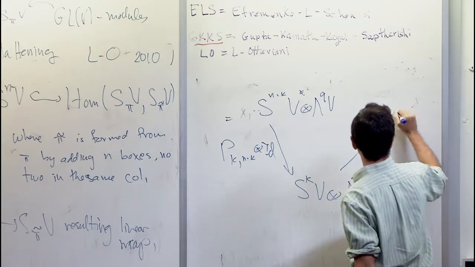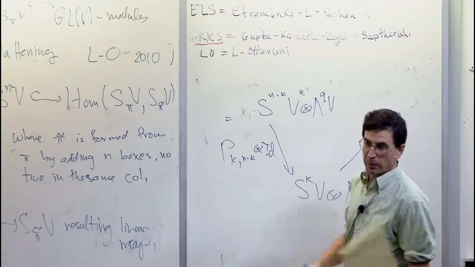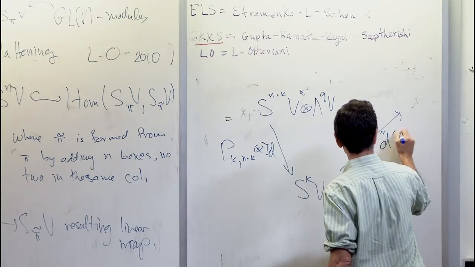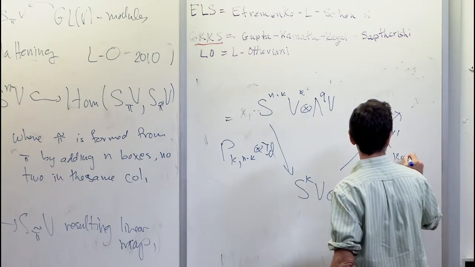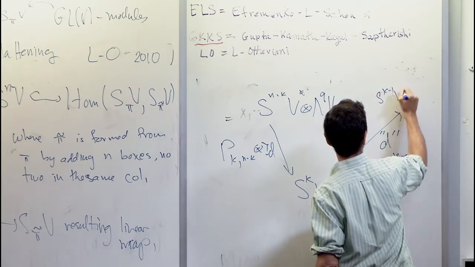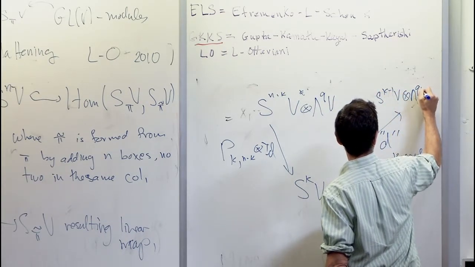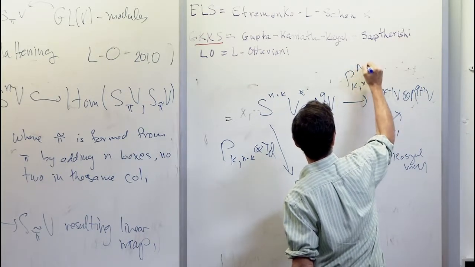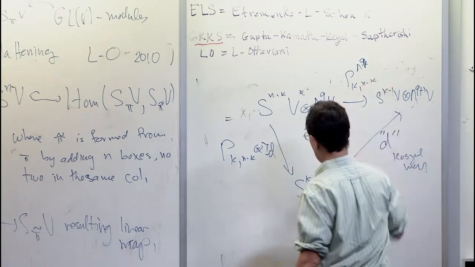Nothing happens. And then we take, well, I was born in mathematics as a differential geometer, so I think of this as exterior derivative, or a Koszul map, if you want, to Sym^(k-1) V tensor Lambda^(q+1) V. So let's call this p_(k,n-k) wedge q.